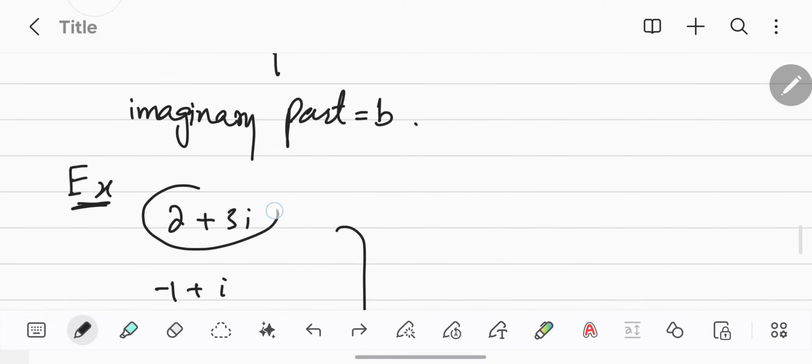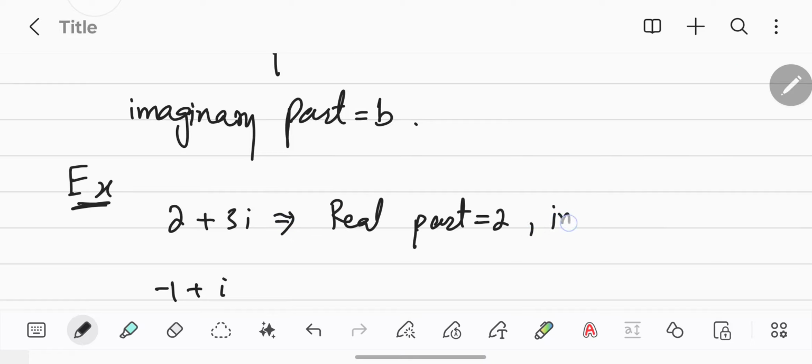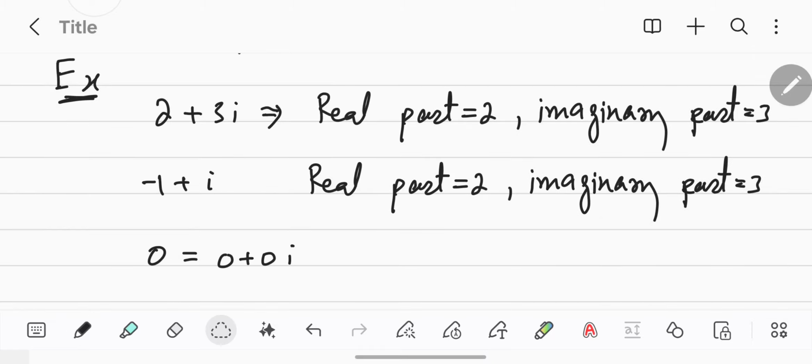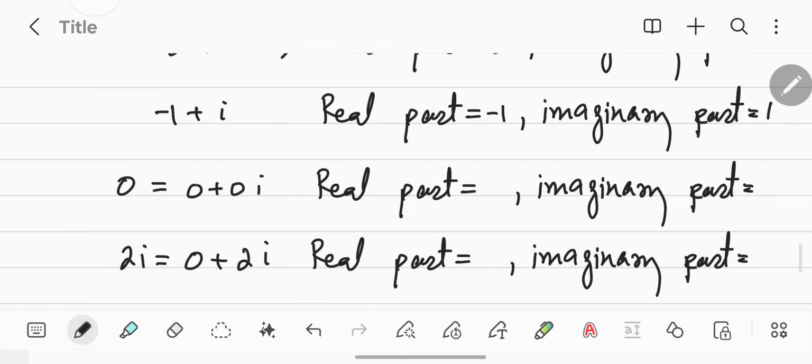So for example, in this number, the real part is 2 and the imaginary part is 3, okay? And in this number, the real part is -1 and the imaginary part is 1, because this is -1, and with iota, if there is no coefficient, we will consider that it is 1, okay?